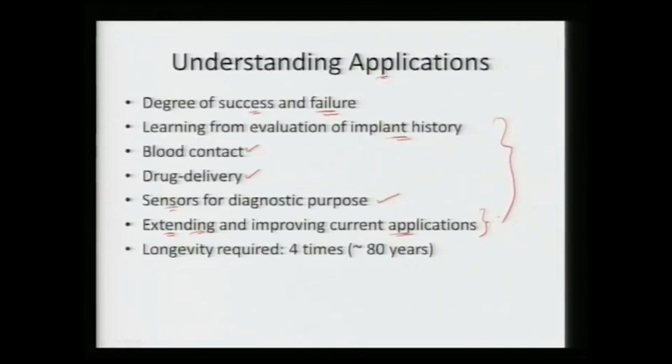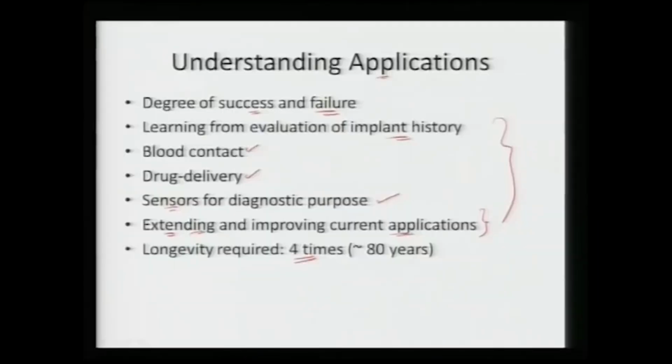The general implant life is approximately 15 to 20 years, but in order to sustain that particular implant for a much longer time, we need longevity which is 4 times that of current implant materials. The time period of an implant in the body we are looking for is around 80 years. That is approximately a 4 times improvement that we require from the currently used implants.